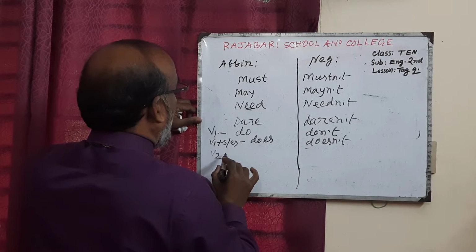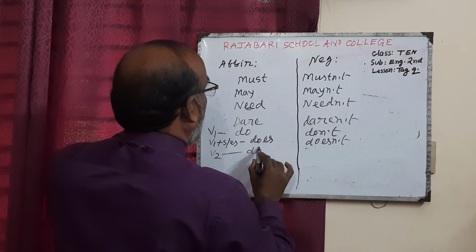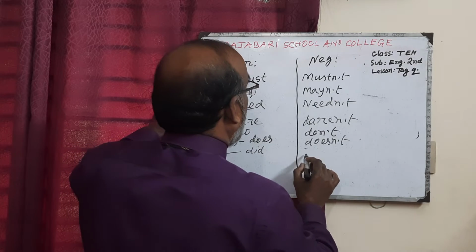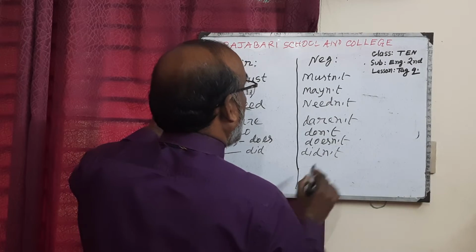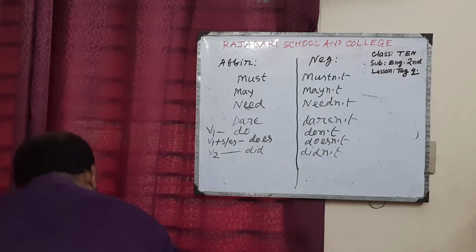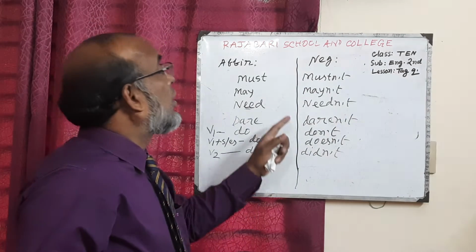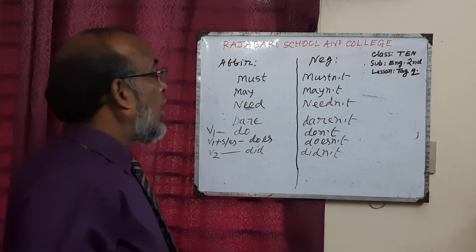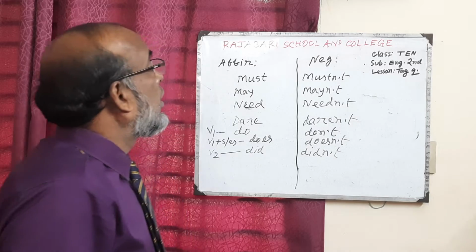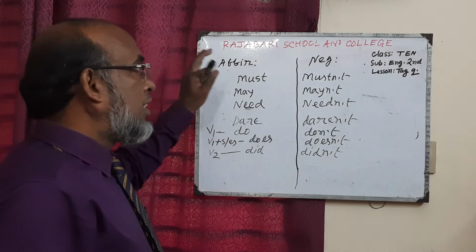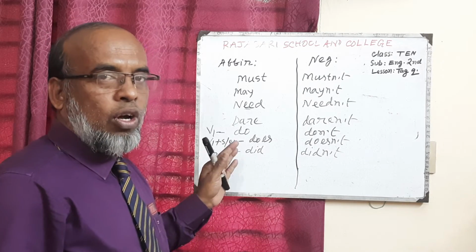If you see verb 2, then it will be did and negative will be didn't. You can see some auxiliary verbs. You must remember, you have to learn these auxiliary verbs properly, because you can't solve the tag question without auxiliary verbs.